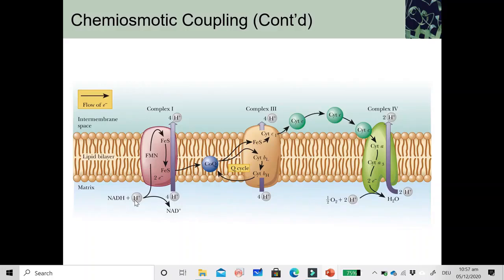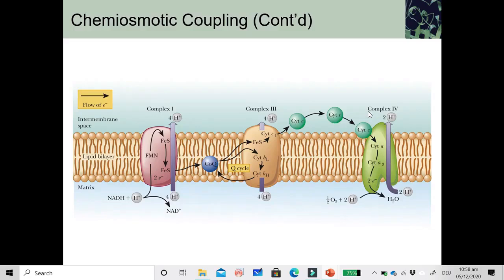The oxidation of NADH by coenzyme Q is accompanied by the transport of 4 hydrogen ions. The oxidation of coenzyme Q by cytochrome C is accompanied by the transport of 4 hydrogen ions, and ultimately the oxidation of cytochrome C by oxygen is accompanied by the transport of 2 hydrogen ions.